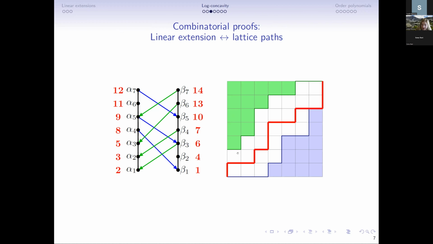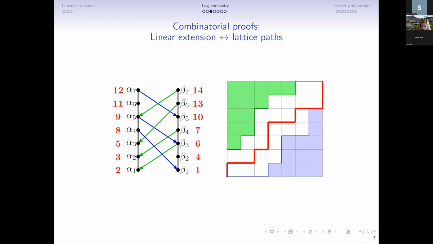And now from this linear extension, we can make a lattice path. How do we do this? We start reading the numbers. The alpha chain is going to be our first chain, and beta is going to be our second chain. If we read a number from the second chain, we make a vertical step, and if we read the next number from the alpha chain, then we make a horizontal step. So let's do this. Here is the number 1.